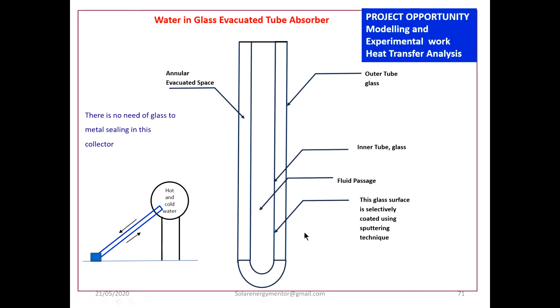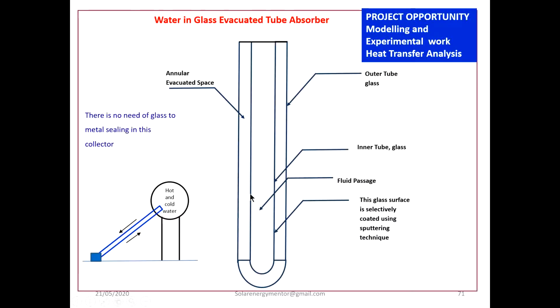Another thing is that suppose the requirement of hot water is say 10,000 liters per day. For such large hot water requirements, these systems are not suitable because it is inconvenient to arrange that number of tubes in a row. It becomes extremely long. Otherwise you have to provide headers.